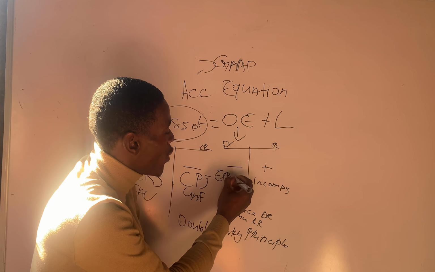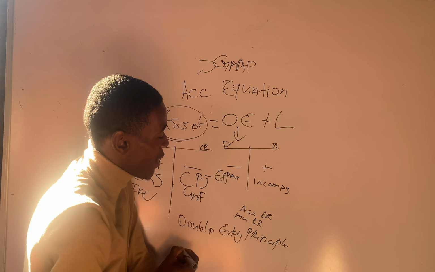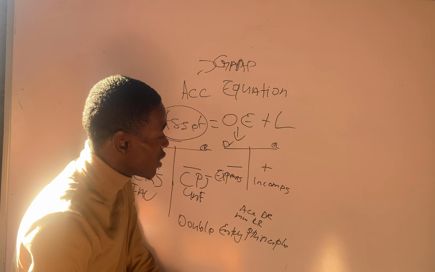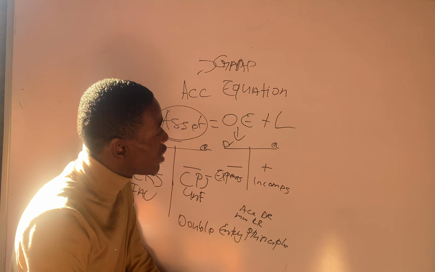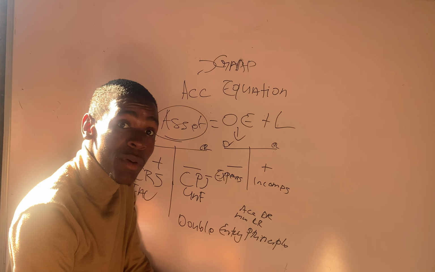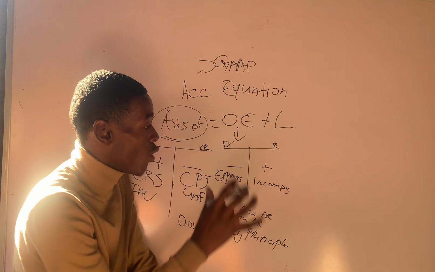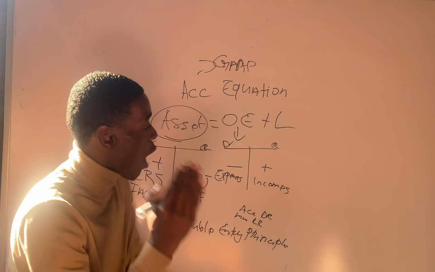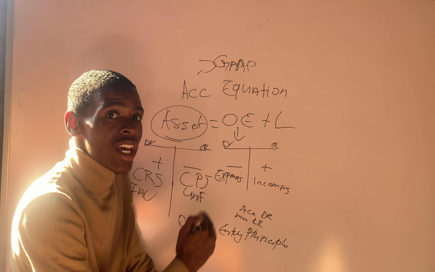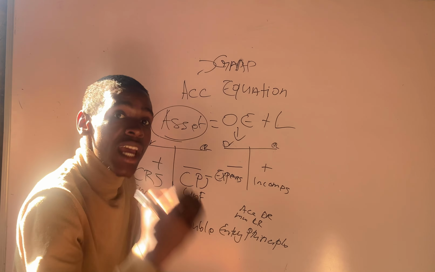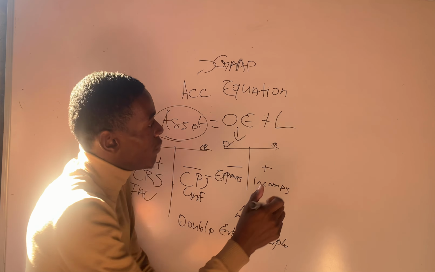Expenses, whenever we are paying expenses such as telephone, insurance, water and electricity. You get my point? Every time you think of owner's equity, think of incomes and expenses. Incomes increase the owner's equity, and expenses decrease it.